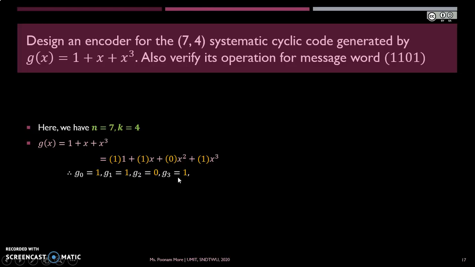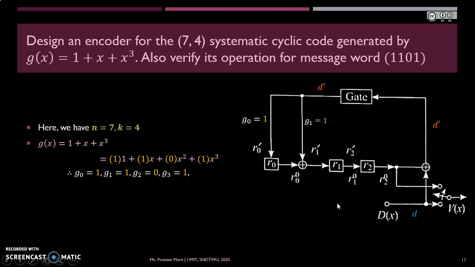Therefore our encoder will look something like this. As g0 is present, the connections from the gate will be available till R0. Similarly, we will have a connection from the gate moving towards this XOR gate to form our input to the shift register R1, along with the output of the shift register R0.